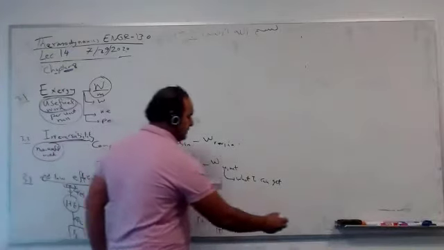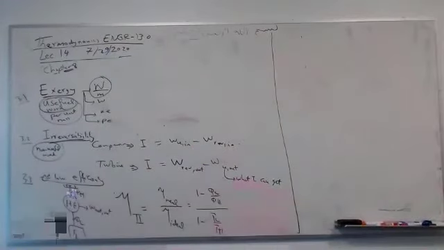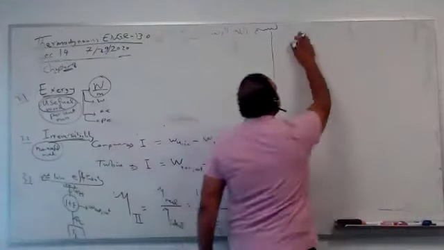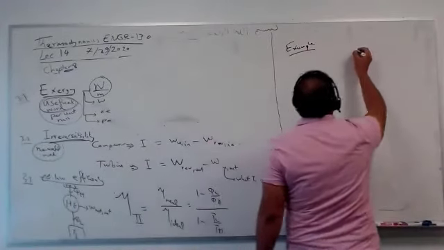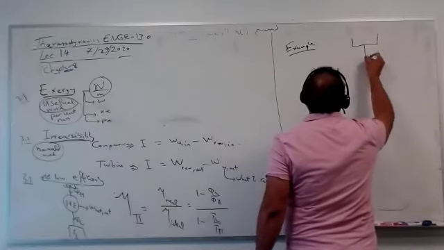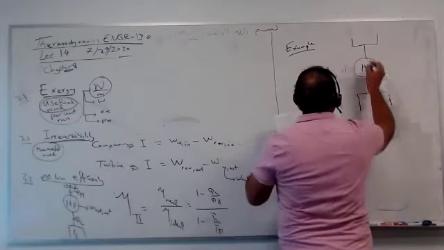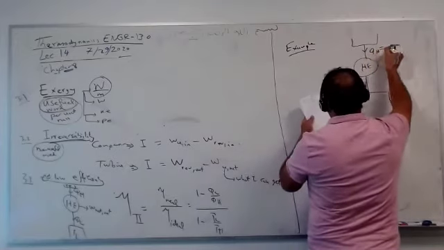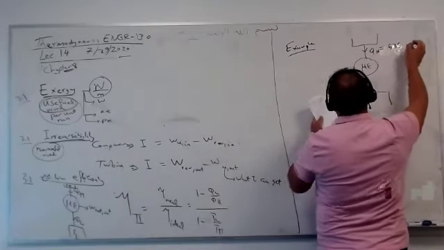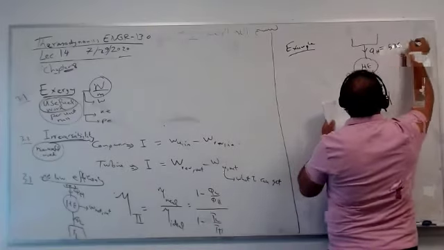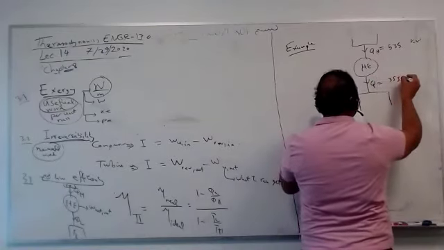Let's take several examples. The first example is a simple heat engine example in the book, I think example 2 and 3 together. You have Q high given as 535.74 kilowatt, and Q low was 355 kilowatt.